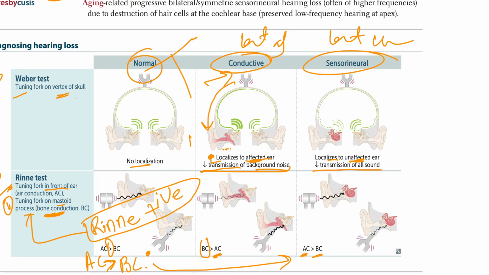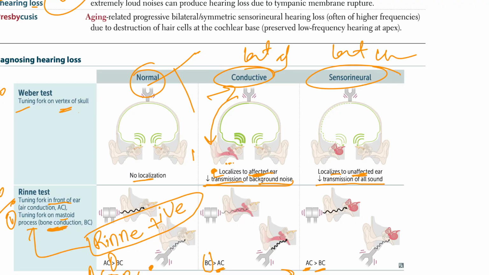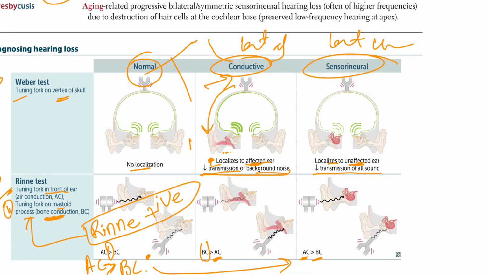Again, if you recall what I talked about, the definition part is very important. Conduction is all about the conduction from the external ear all the way to the internal ear; there is some blockade, a conduction problem. While sensorineural hearing loss is not a conduction problem but an inner part problem, meaning either the cochlea or cranial nerve 8, CN8, right?